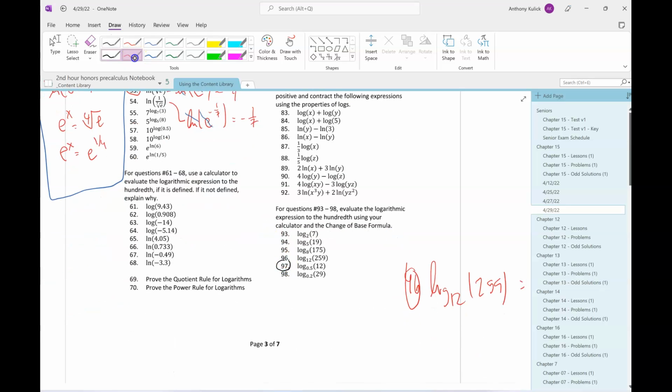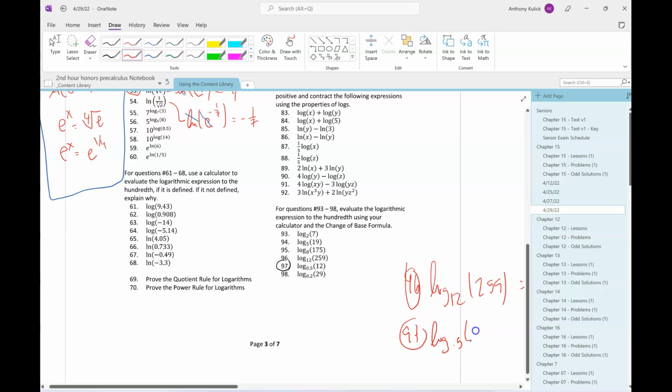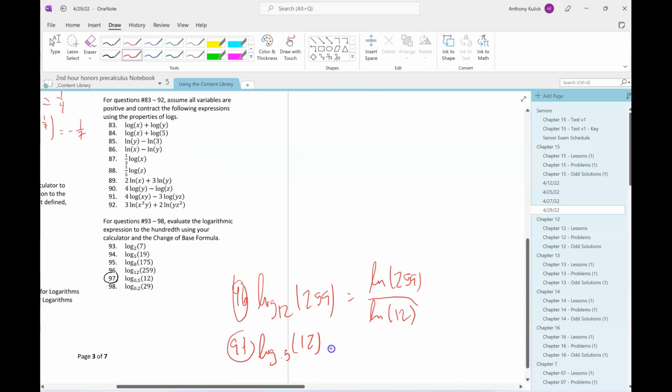So yeah, to do the change of base formula, you can pick any base for the logarithm you want to use. So if we're using our calculator, I would either use log base e, the natural log, or log base 10, the common log.